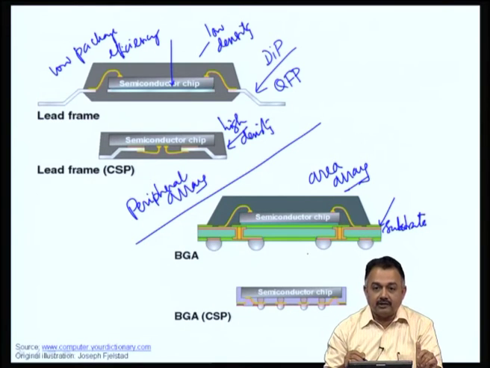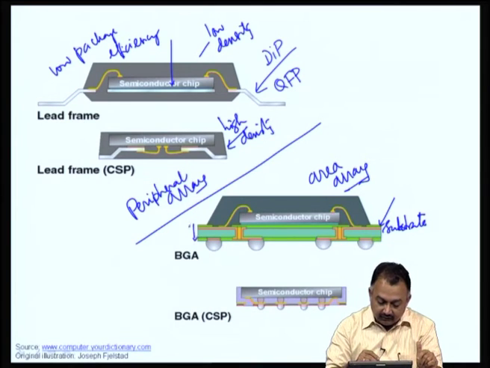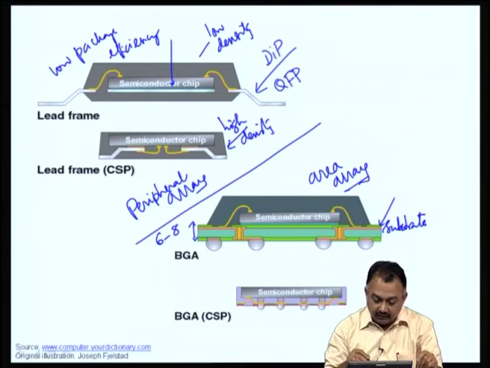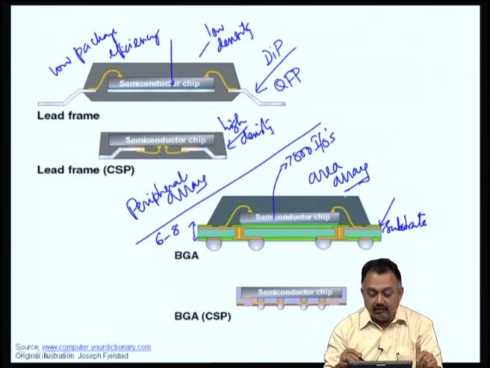on which the chip is mounted, and this can be a very high density substrate, typically using 6 to 8 layers of copper for interconnections, because you can expect this one to have greater than 800 IOs. Today, there are area array packages which have IOs as many as 4000.